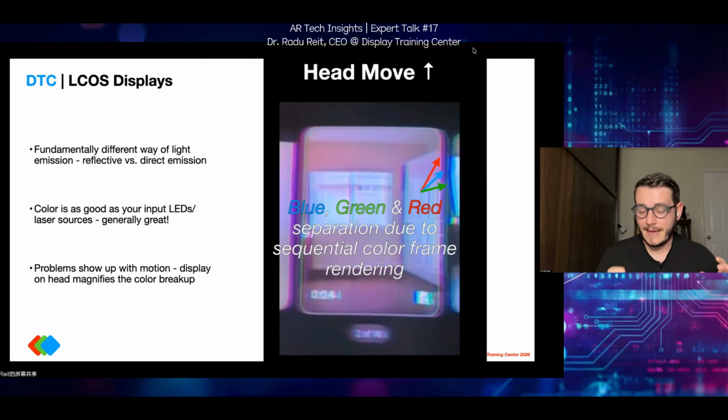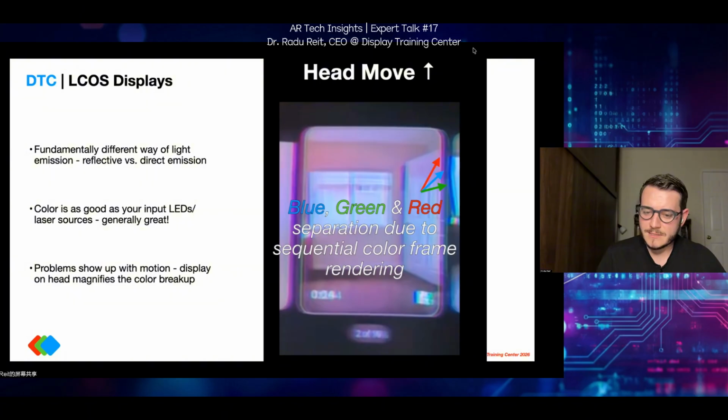You can already see at 120 frames per second that we're starting to see blue, green, and red channels separating as they get delivered to the camera sensor. And you can imagine that the camera sensor itself is your eye. It is receiving at 120 hertz these spatial frequencies at a different location. And this is essentially what you see with any LCOS-based display, that if you are going to move your head very quickly, you're going to separate those colors.